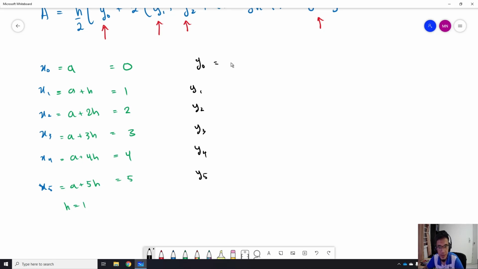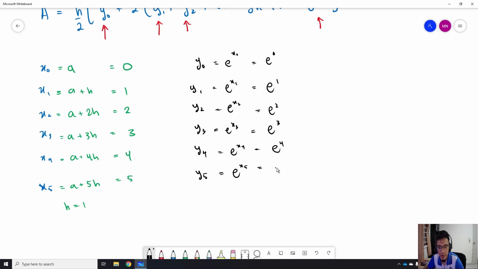So this one will be e to the power of x0, e to the power of x1, x2, e to the power of x3, e to the power of x4, equal to e to the power of x5. So that is e to the power of 0, e to the power of 1, 2, 3, 4 and 5. So that is the value for our y0, y1, y2, y3, y4 and y5.